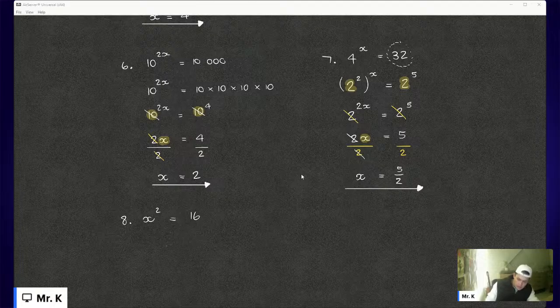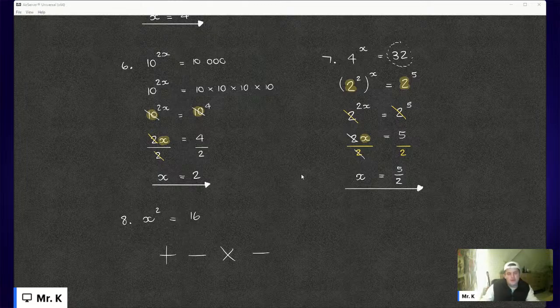Now, there's no adding that can be done, no subtracting, no multiplying, and no dividing that can be done either, right? Our goal in this question is to get x on its own. And we know that the power of 2, the squared symbol, is what's in our way, right? What is the inverse of squaring, grade 9s? It is square rooting.